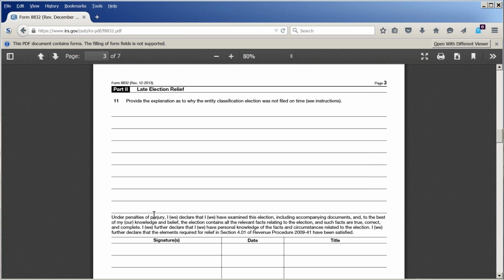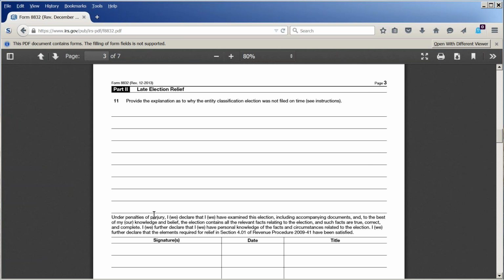If you have always treated something some way and are making this late election, and there's some plausible reason, the IRS will grant the election. They'll get out the rubber stamp and say yes.